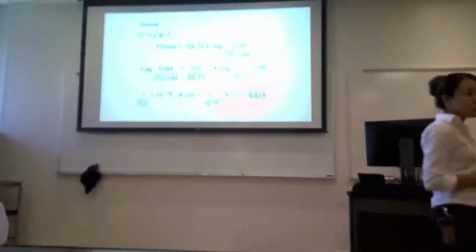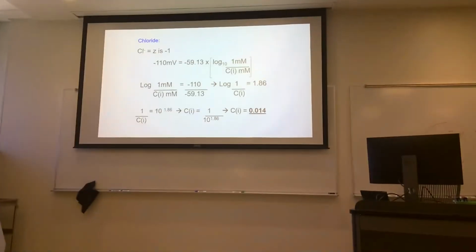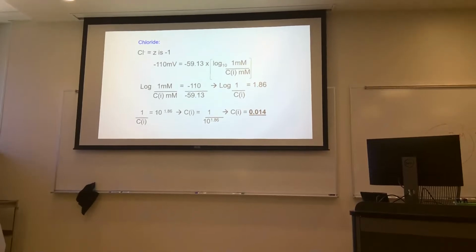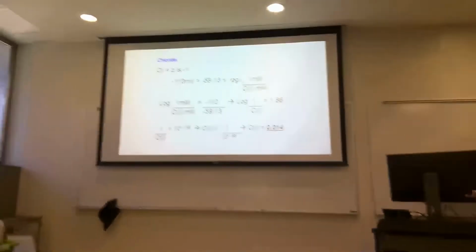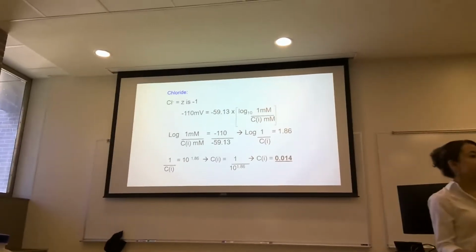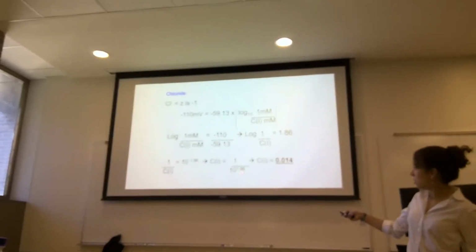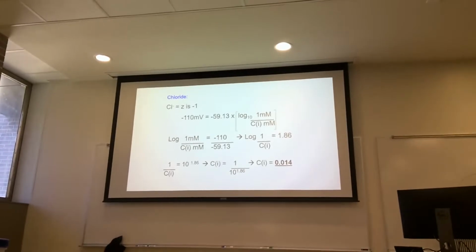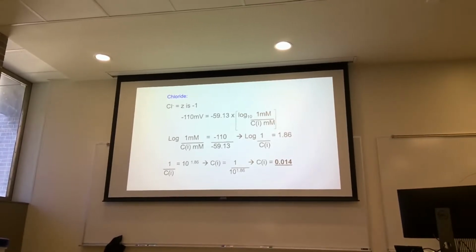So did everybody get a similar value to this one? Good. In this case, the thing that's changing is that instead of positive 59, you have a negative 59, and that basically changes the sign, so you go minus 1.86.